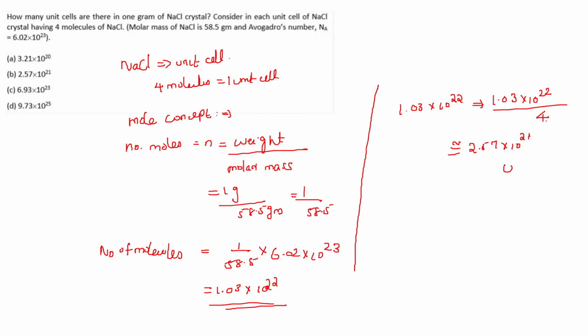So these many unit cells are there. Like 4 molecules in 1 unit cell, so these many molecules divided by 4, you will get the total number of unit cells.